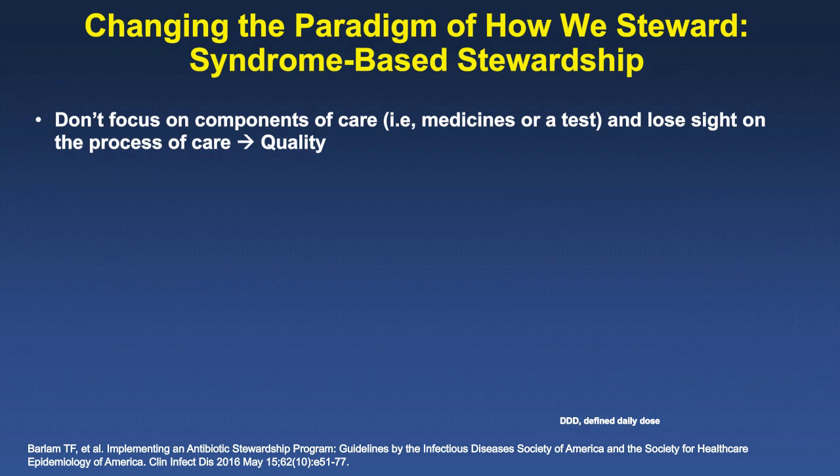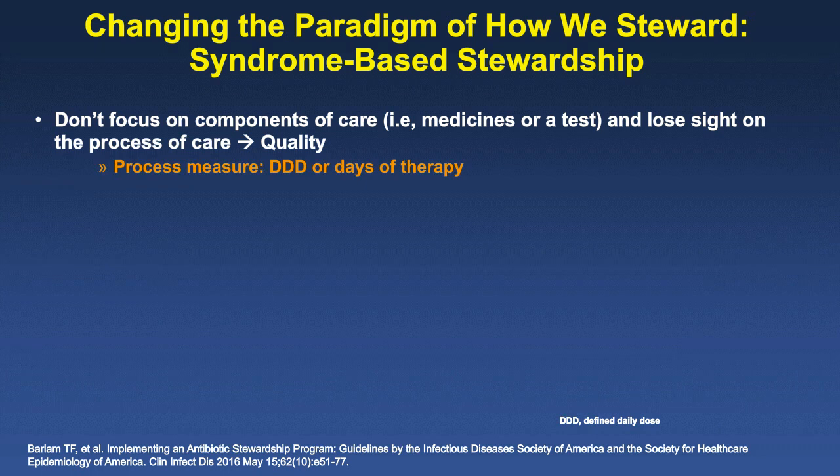And so what we want to appreciate is we want to focus on the components of care, which, again, for many of us in the stewardship arena, may be medicine, may be a test, but we don't want to lose sight of the overall quality and the overall process of care, and importantly, the cost of care.